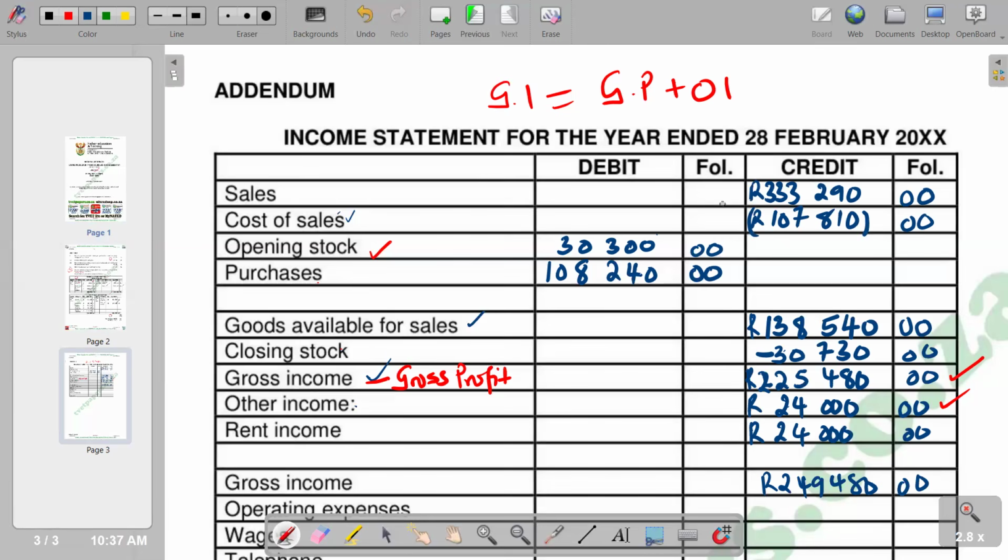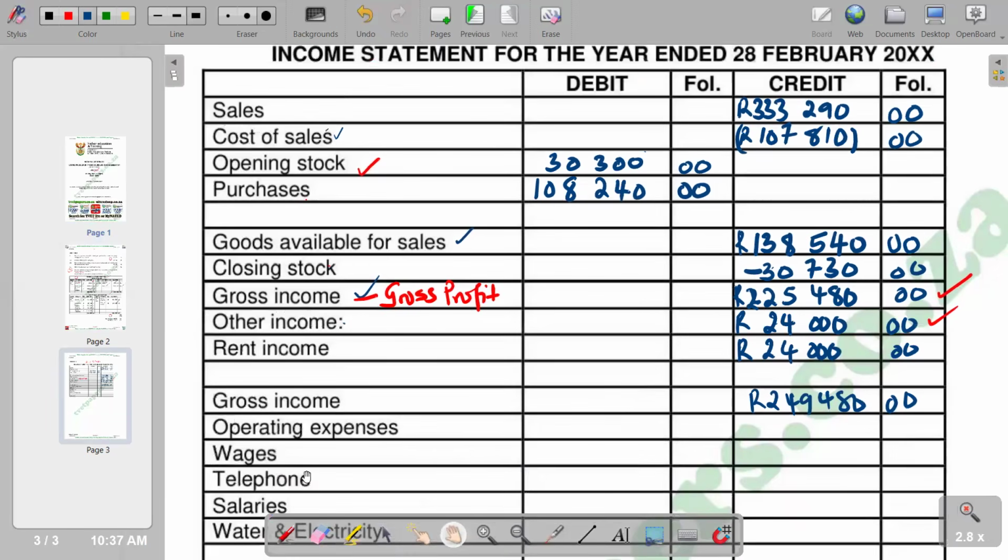And then we go on to check in terms of the other figures that we have. We've got operating expenses. So we have to list all the operating expenses beneath that. So in terms of our 30,000, it's a negative. So we can put our rands and then we put a negative behind.